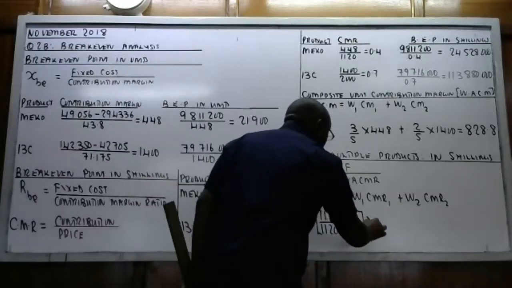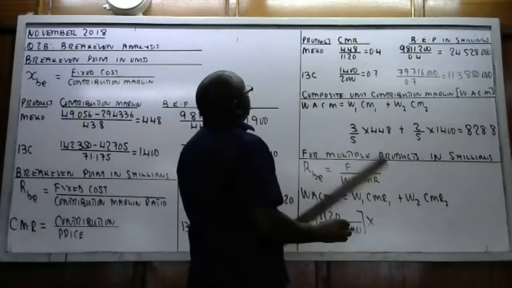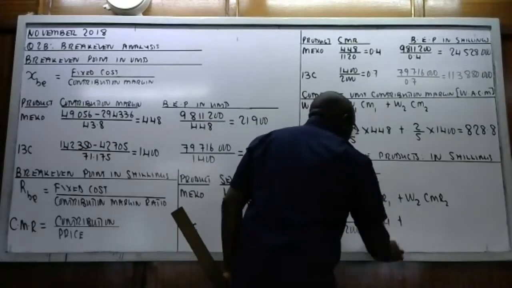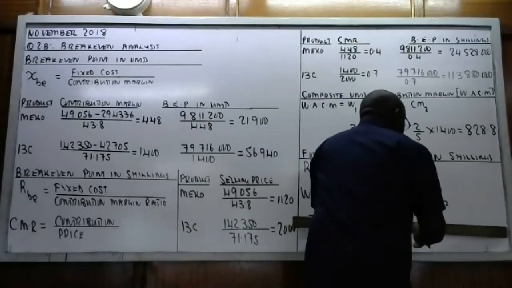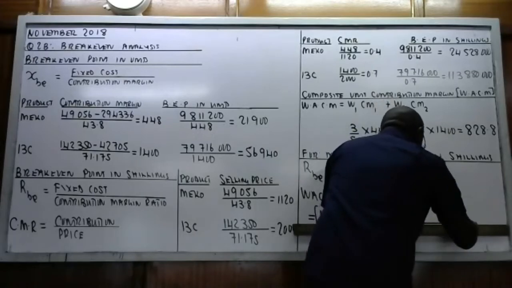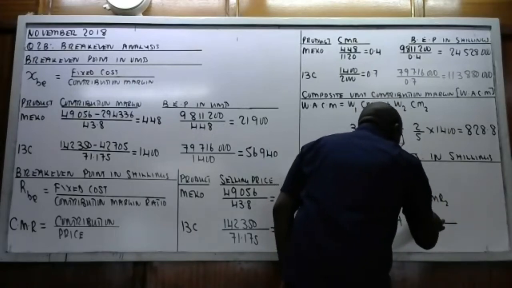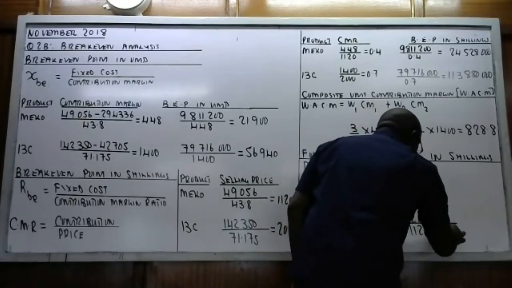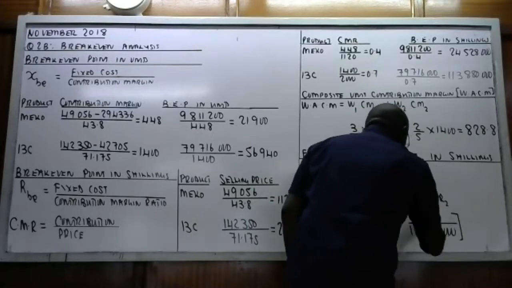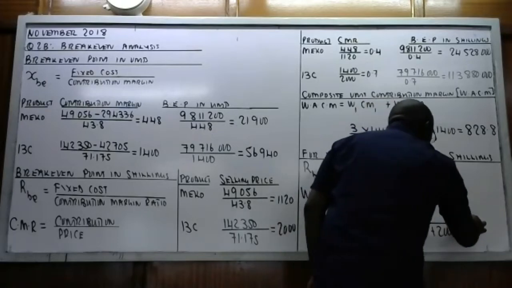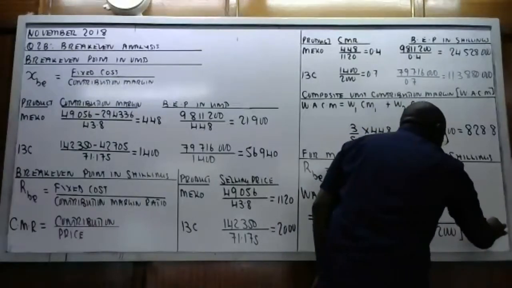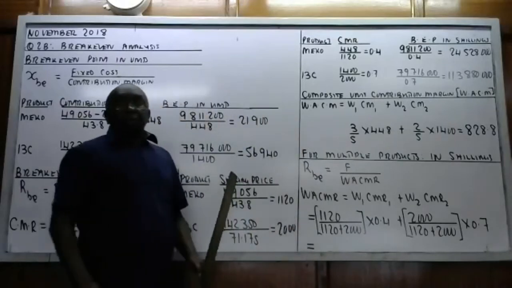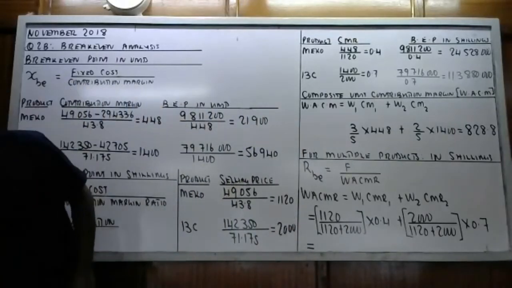So 1120 over 1120 plus 2000 times this CMR 0.4, plus the other one will be 2000 over 1120 plus 2000 multiplied by 0.7.